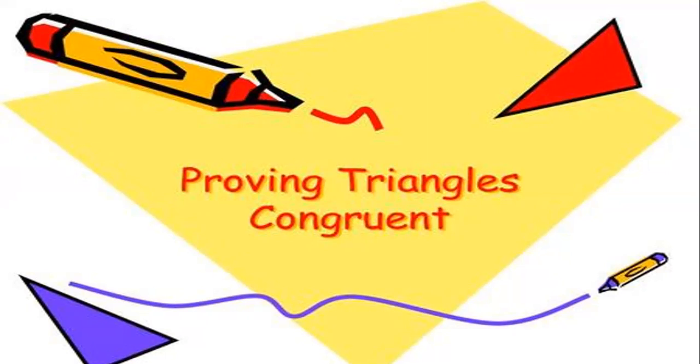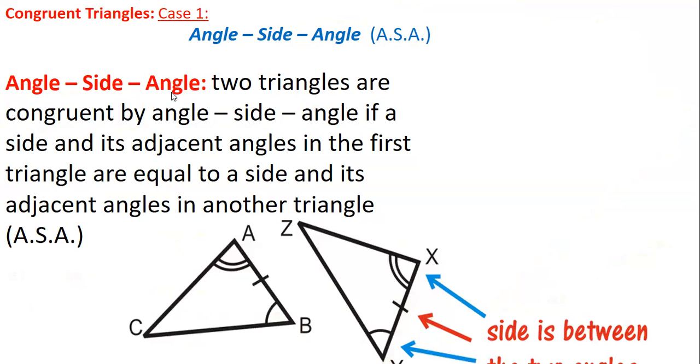Now, how can we prove or show that two triangles are congruent to each other? Now, the very important part of our lesson starts. To prove congruent triangles during grade 7, we will be having 3 cases during this year.